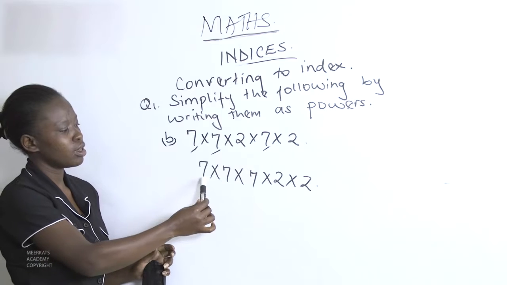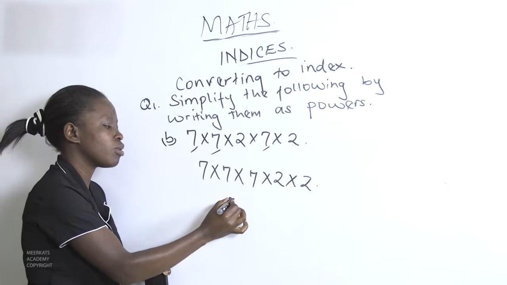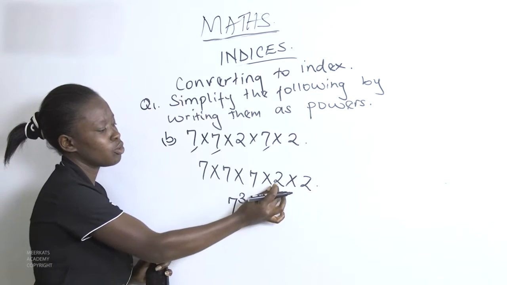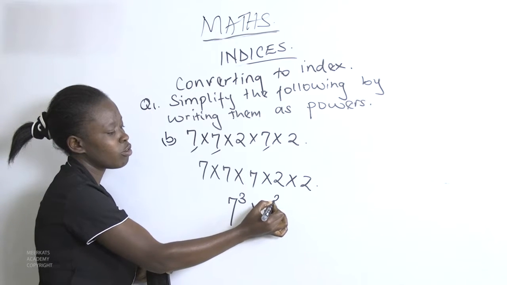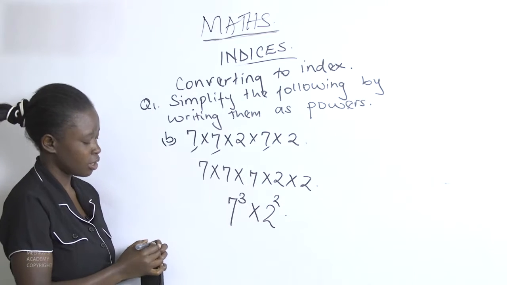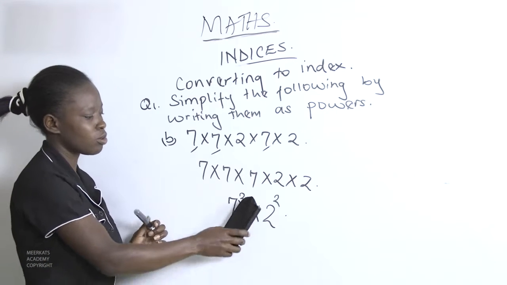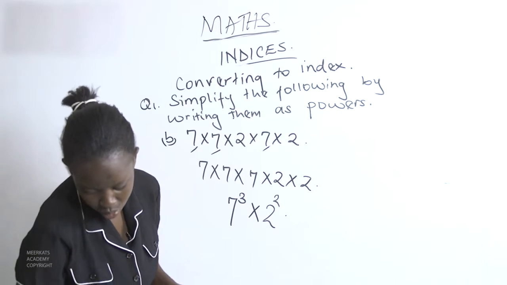So we are having 7 being repeated 3 times, so it means this will be 7 to the power of 3, multiplied by 2 being repeated twice, so I'll have 2 to the power of 2. So we get that number written in power form as 7 to the power of 3 times 2 to the power of 2.